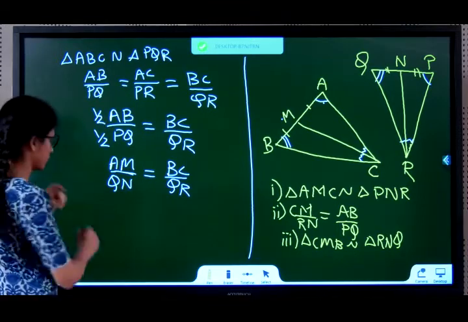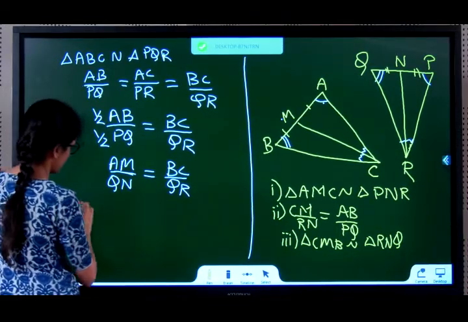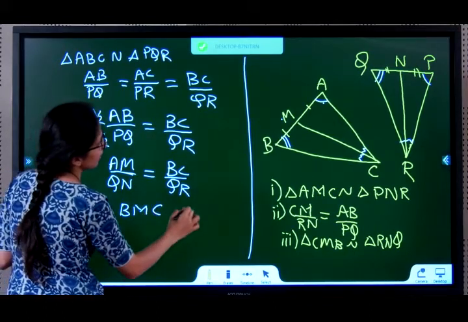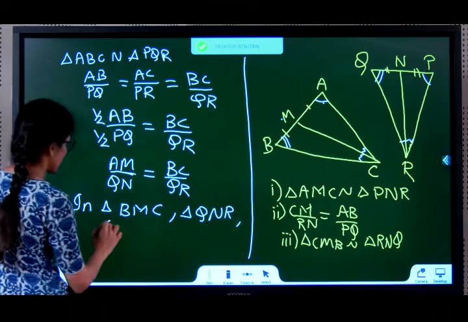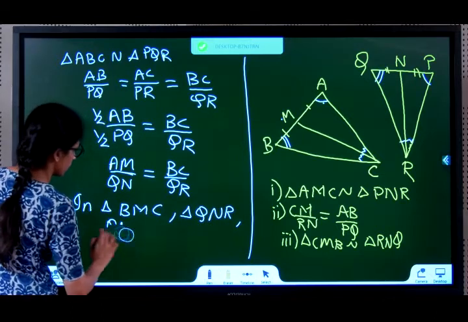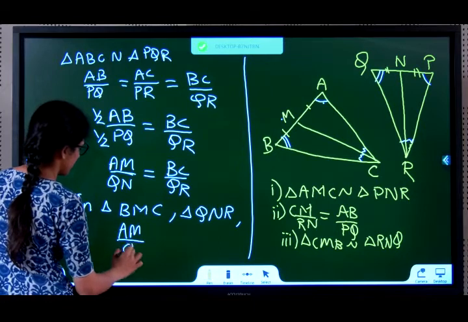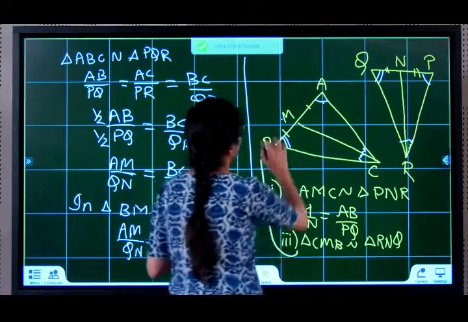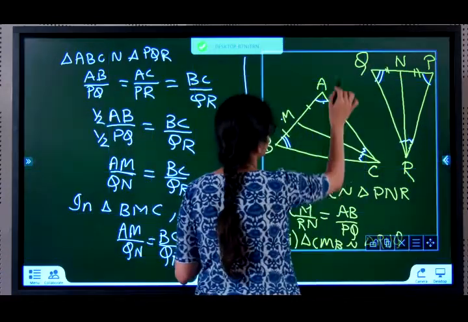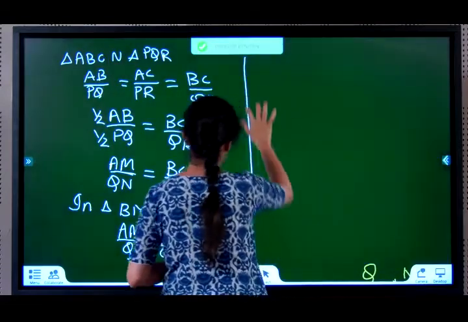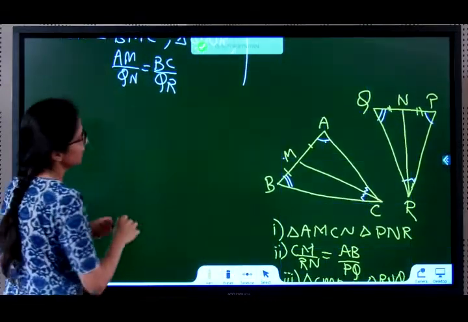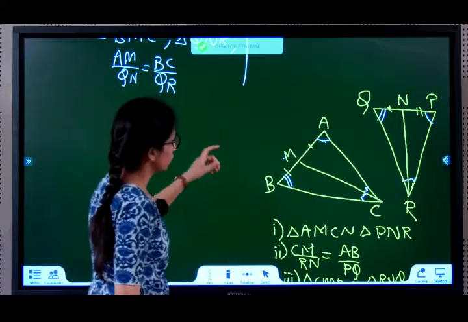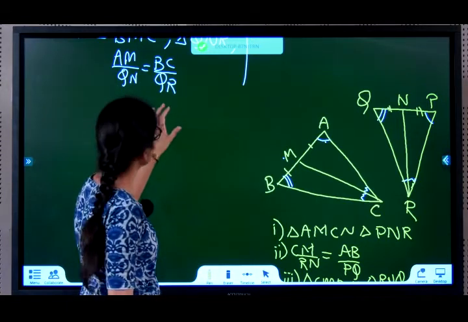So I got the sides are proportional. So now we'll write down in triangle BMC and triangle QNR, we now have AM by QN is equal to BC by QR. Who else do we need? Do we need anybody else here?